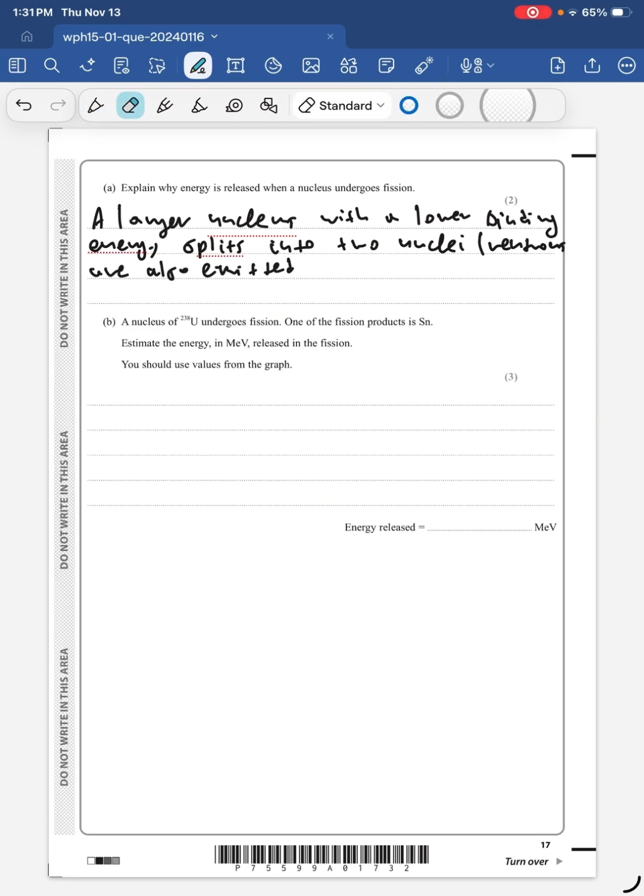Actually, it can also emit neutrons, this is the proper way to put it. So in fission, you don't only split the nucleus into two, you also usually release some neutrons, okay?